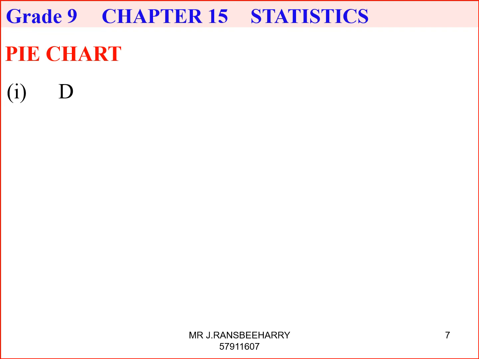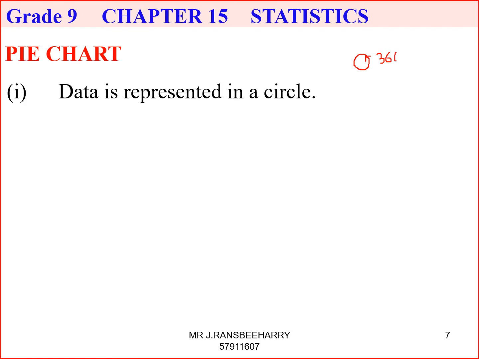Now pie chart. Pie chart means data is represented in a circle. So one complete turn is 360 degrees. It means the whole data, the sum of all data, is represented by 360 degrees.